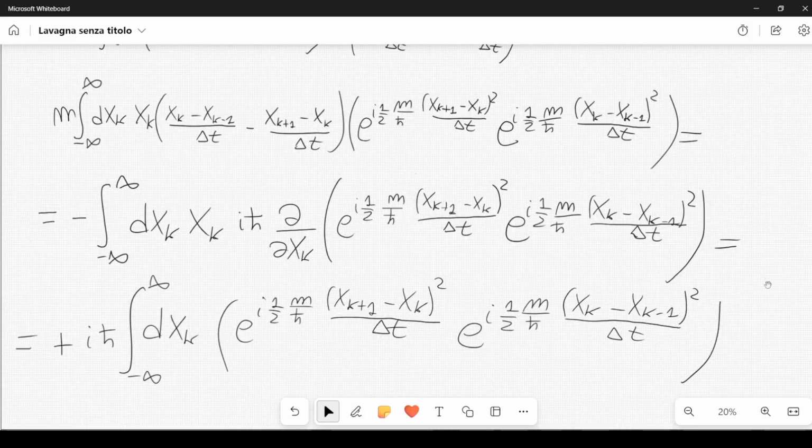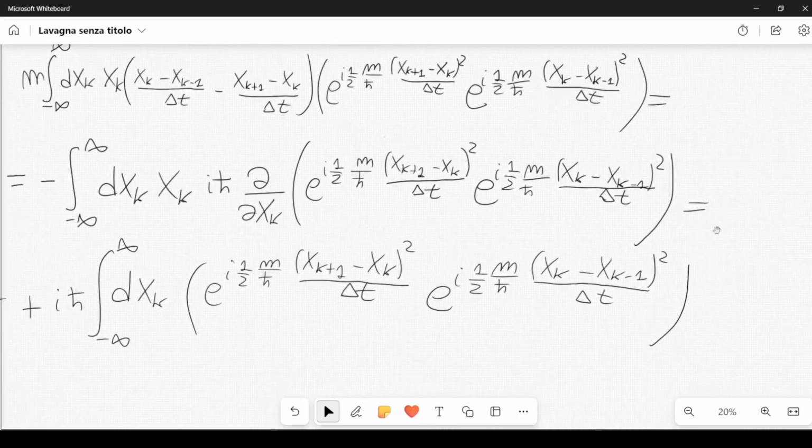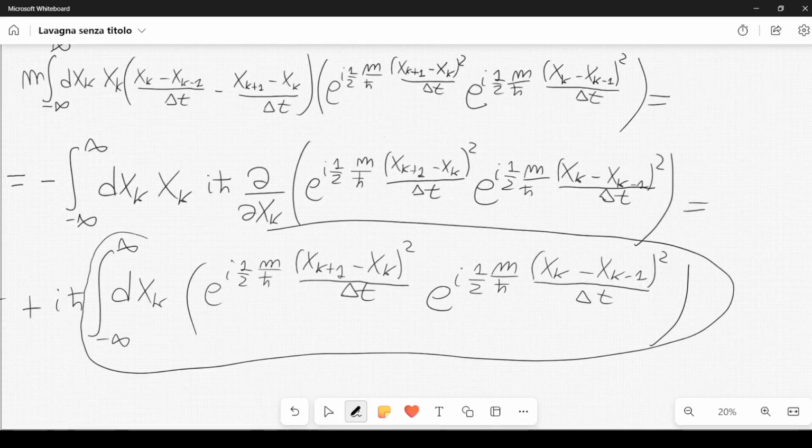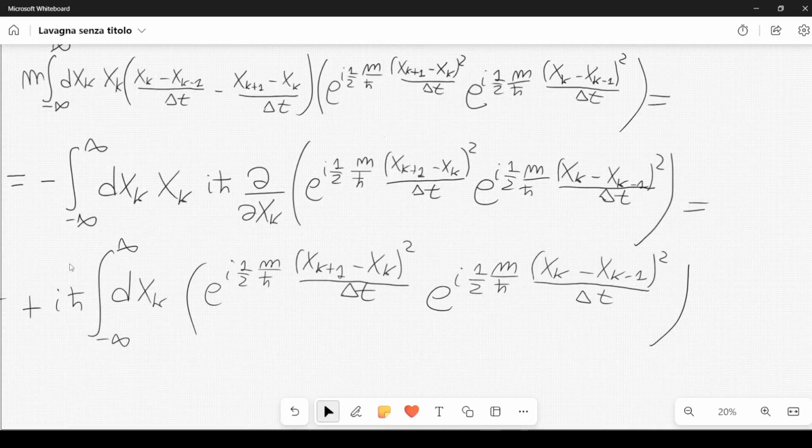So you can see that we get basically this integral here multiplied by i h bar.